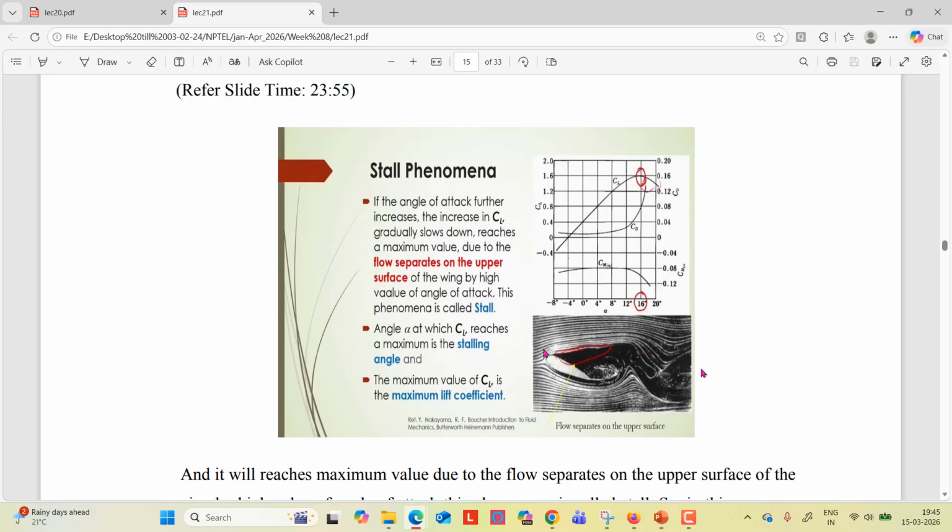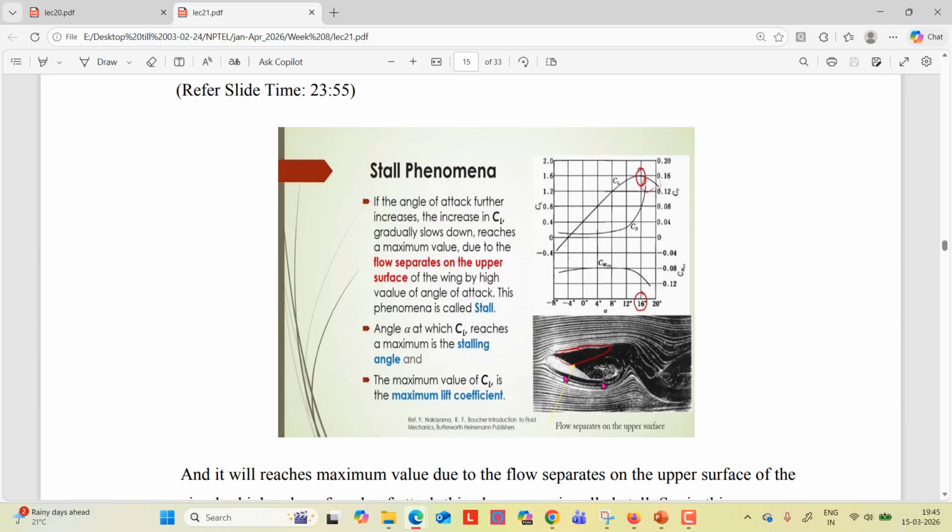If the angle of attack alpha further increases, the increase in CL gradually slows down and reaches a maximum value, because the flow separates on the upper surface of the wing at a high angle of attack. This phenomenon is called stall.